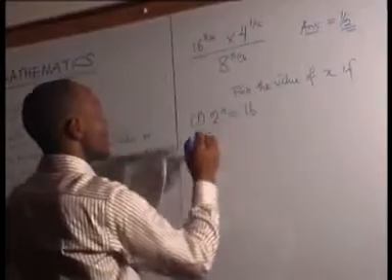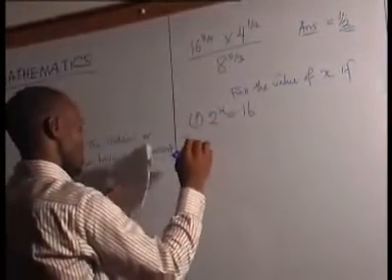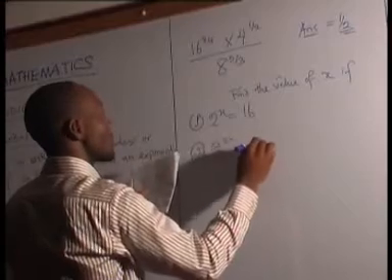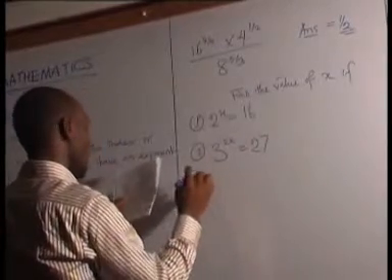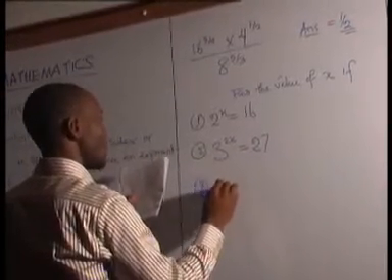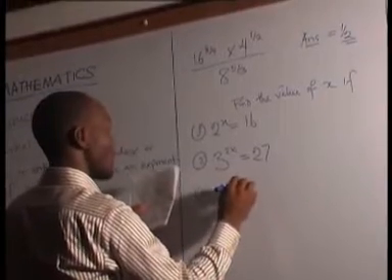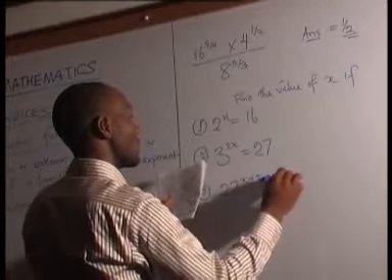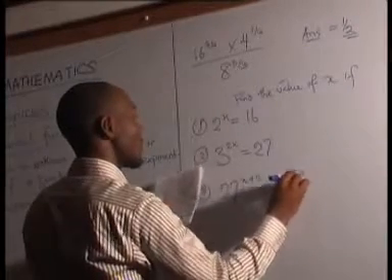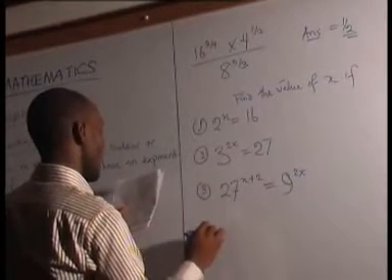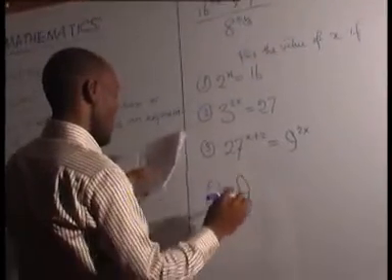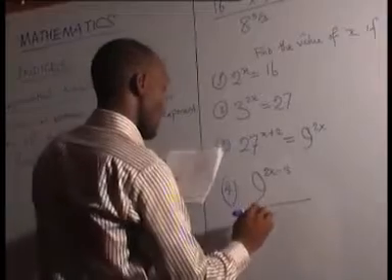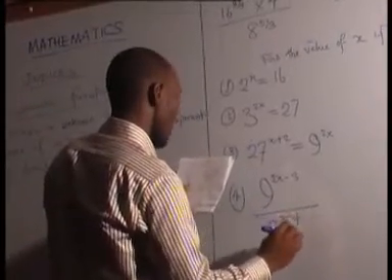If a, that's 1, 2: 3 raised to power 2x equals to 27. 3: 27 raised to power x plus 2 equals to 9 raised to power 2x. And the final one we'll be looking at: 9 raised to power 2x over 3 raised to power x plus 3.